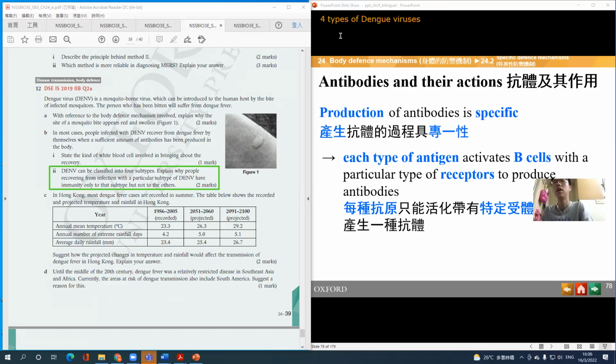For example, let's say there are type 1, type 2, type 3, and type 4. Imagine if you are somehow infected by type 2.